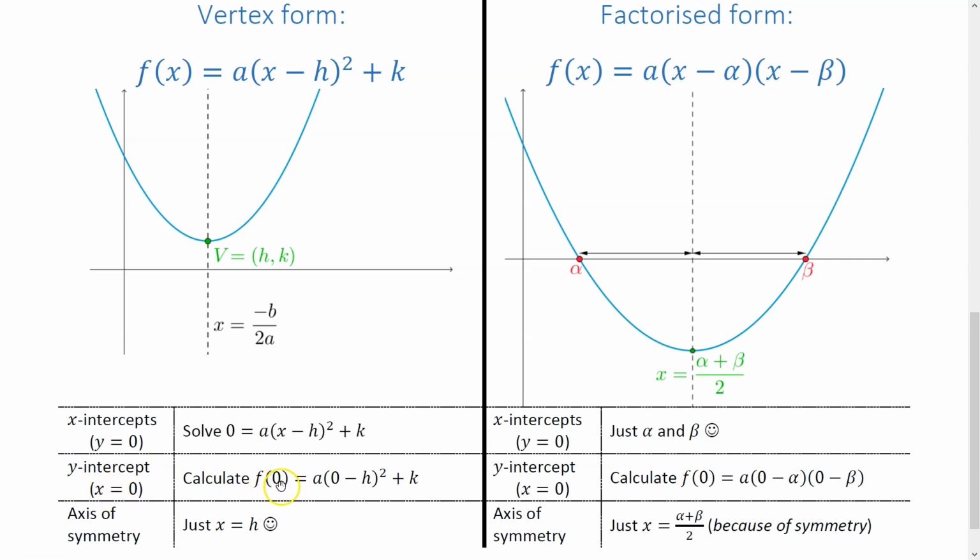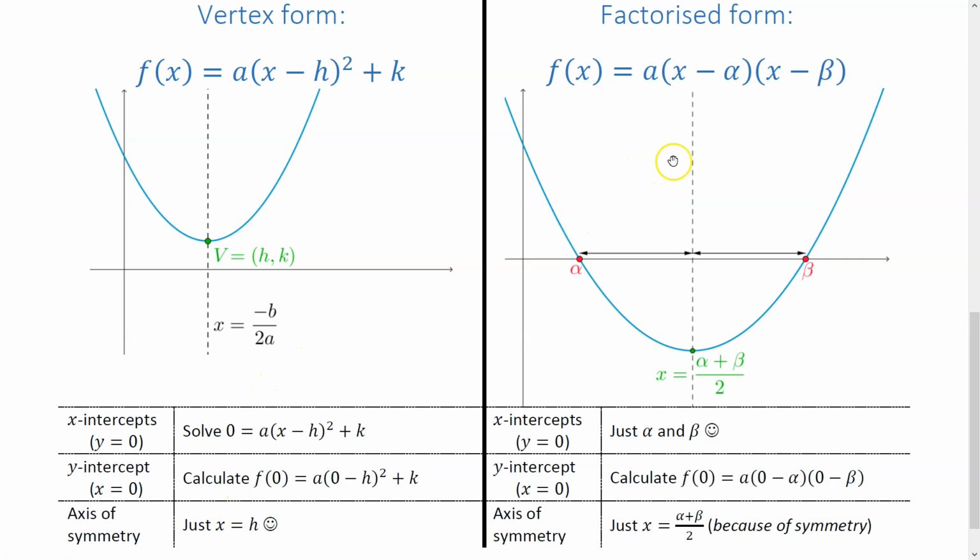If x is 0, then I substitute 0 in for x, of course, and then I calculate whatever my y value is going to be with the given numbers. The axis of symmetry is easy, because if I know the vertex x, y, then the axis of symmetry is just the x coordinate. So if the vertex, let's say, was 5, 1, well then the axis of symmetry would be x equal to 5. So that's easy.